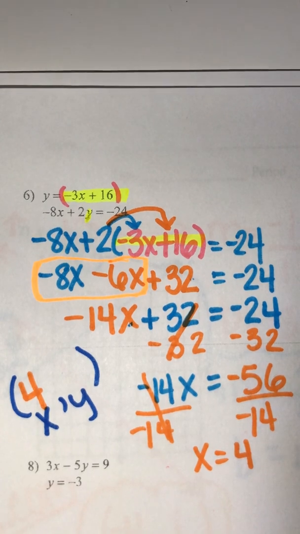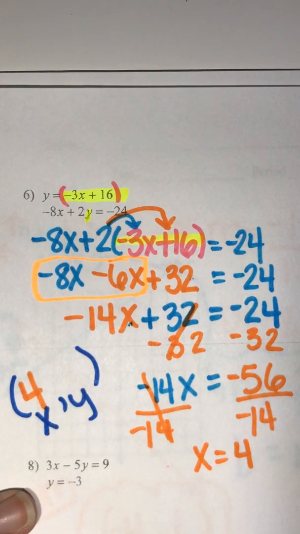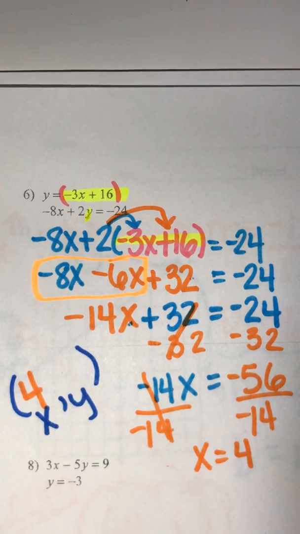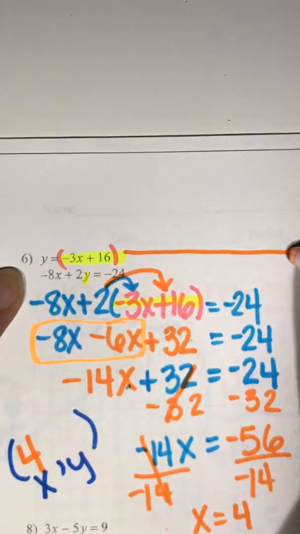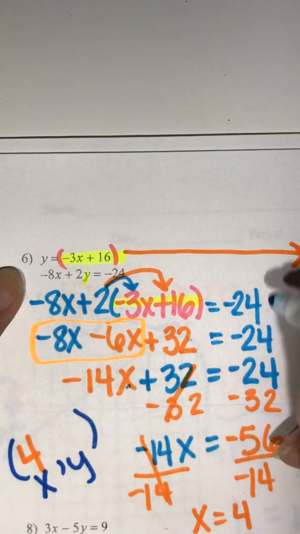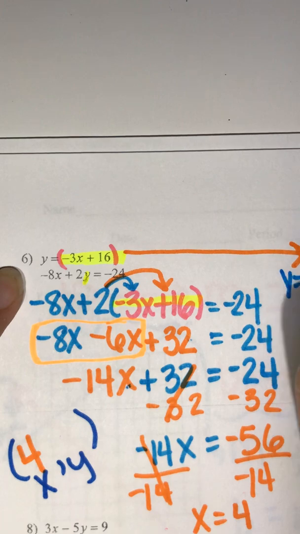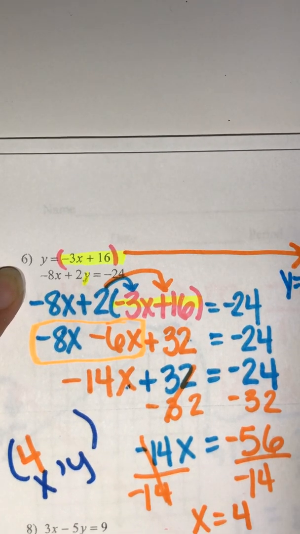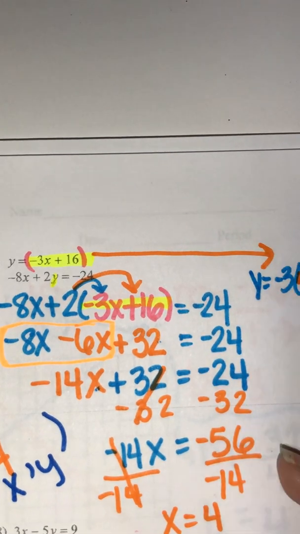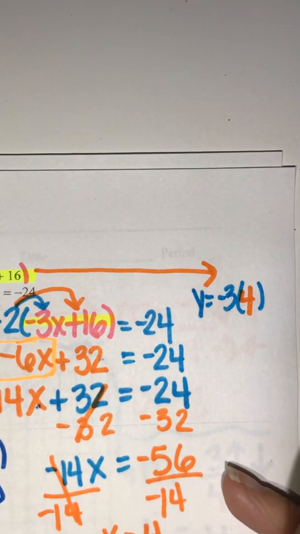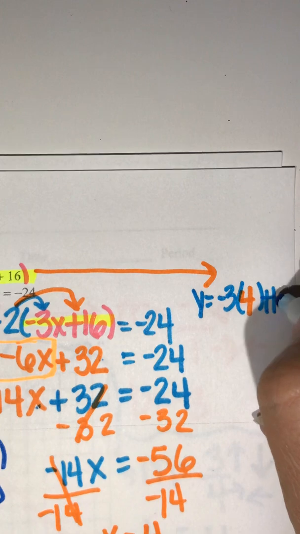All right, so then you're going to take this x equals positive 4, and you're going to plug it in place of the x up here, right there. So I'm going to just rewrite it. y equals negative 3 times x, and in our case, x was 4, and then plus 16.